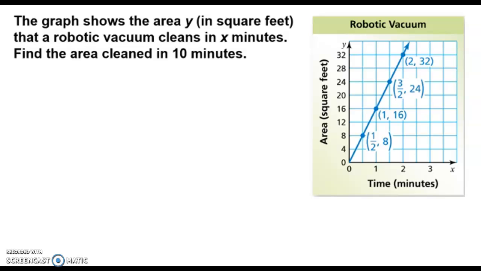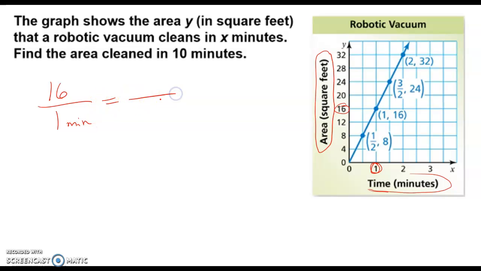So if we turn the page, this graph shows the area Y in square feet that a robotic vacuum cleans in X minutes. So here's the square feet, and here's the time. Find the area cleaned in 10 minutes. So what I like to do is use the unit rate right here, 1 and 16. So I know it cleans 16 square feet in every minute.